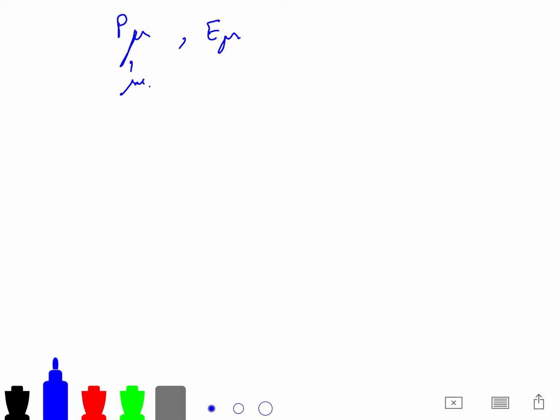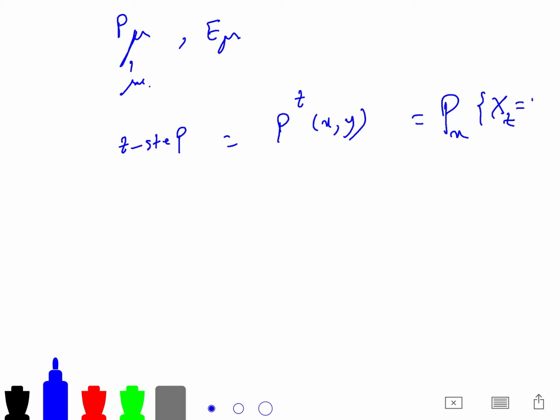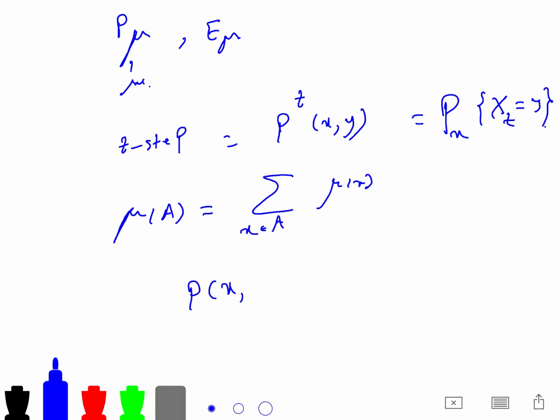In the t-step transition probability, P^t(x,y), this is just the probability that after time t, we are in state y. And for notation, we always use, for example, mu(A) as the mu measure of x in set A. Also, the row of P indexed by x, we denote by this. This is the row of P.